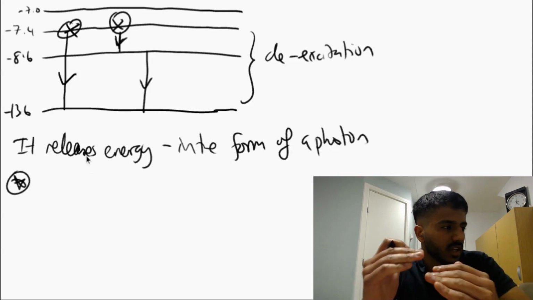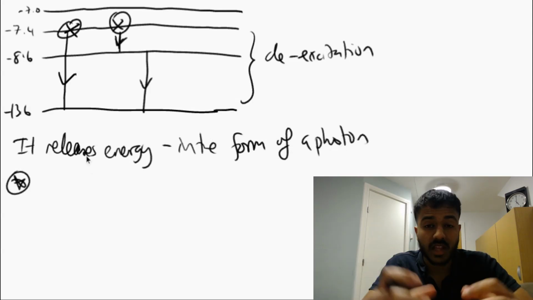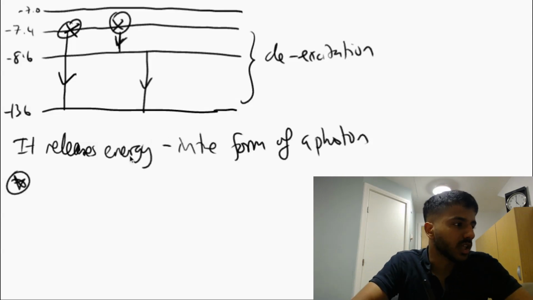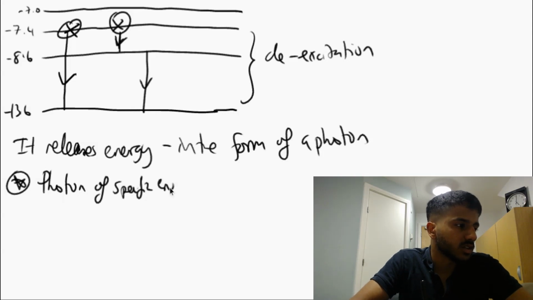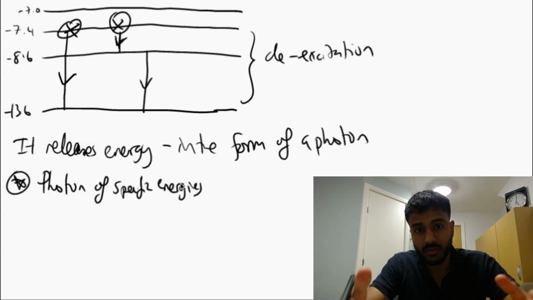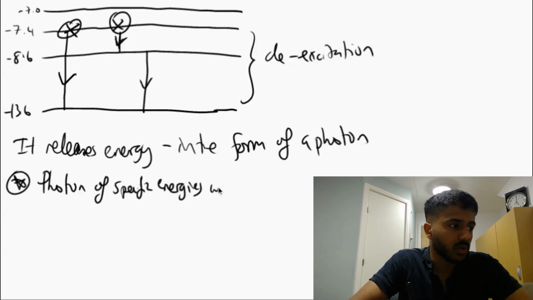Now, as you can see, these energy levels are discrete. They have specific values. So therefore, photons of specific energies will get released.